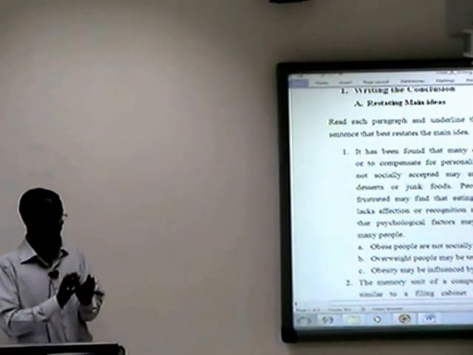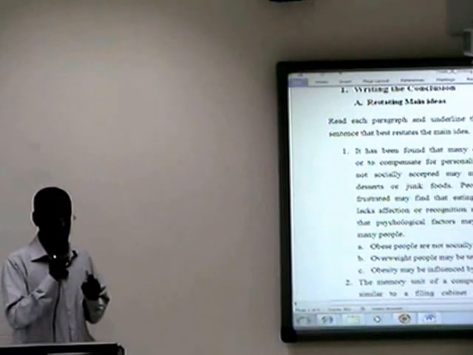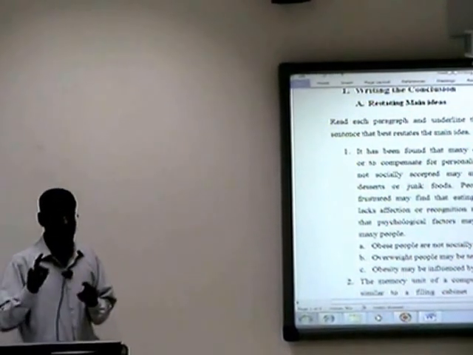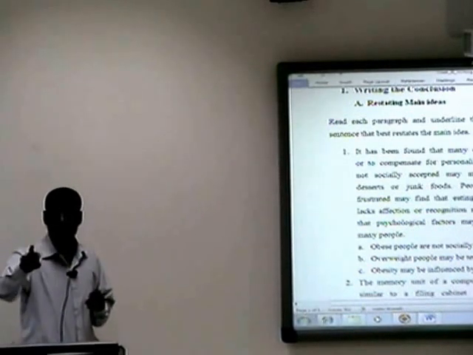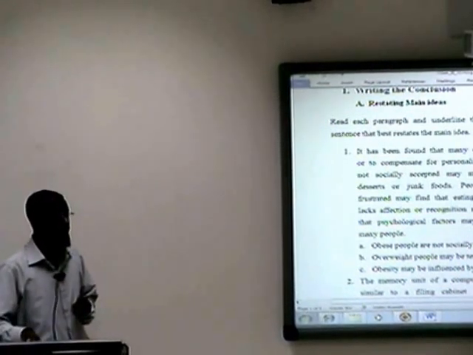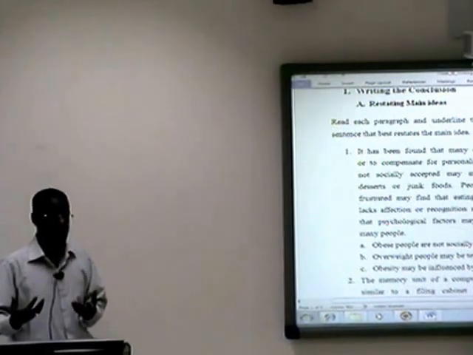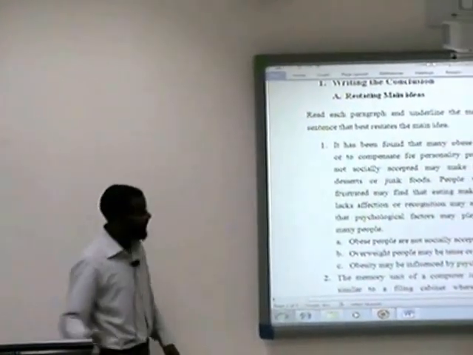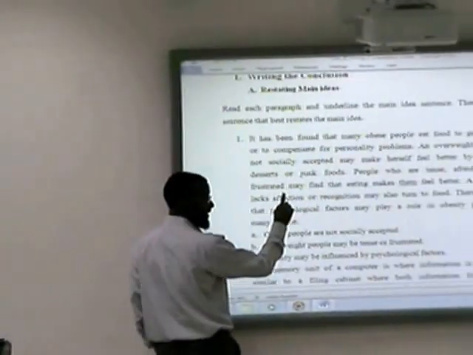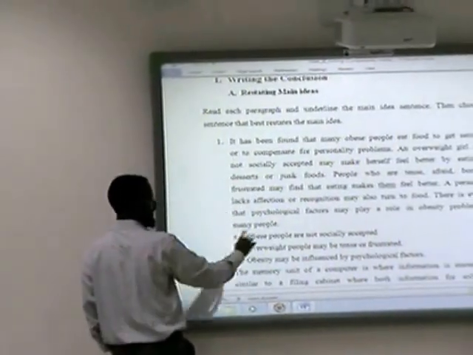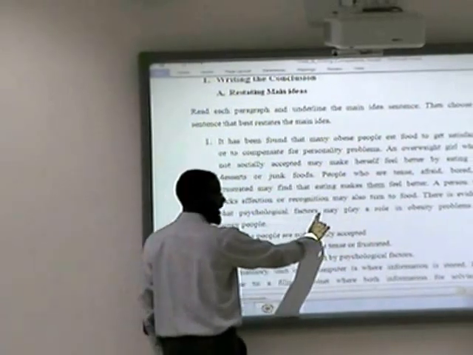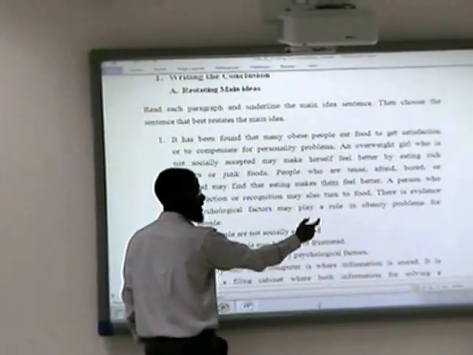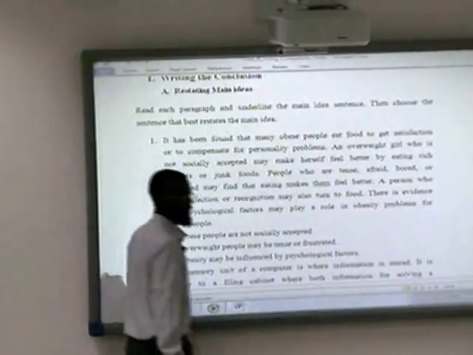Let's be more specific. Is it physical? Not physical. The opposite of physical. Psychological or mental factors. So the main idea of this paragraph is that psychological factors may play a role as an effect on our obesity problem.